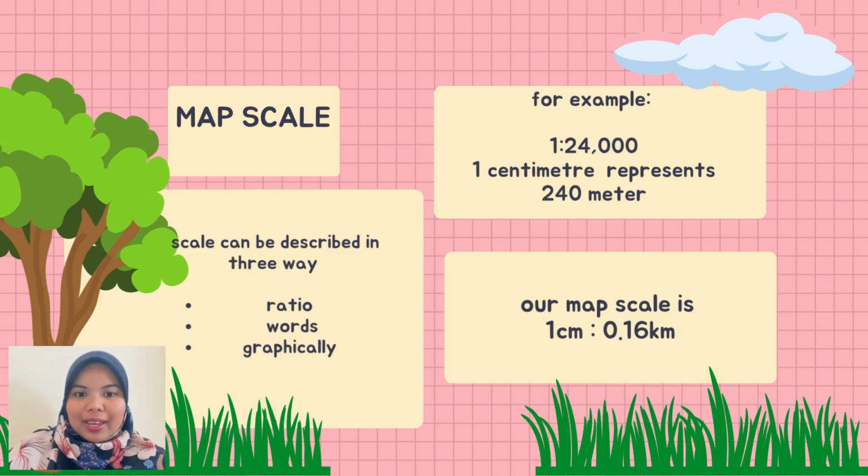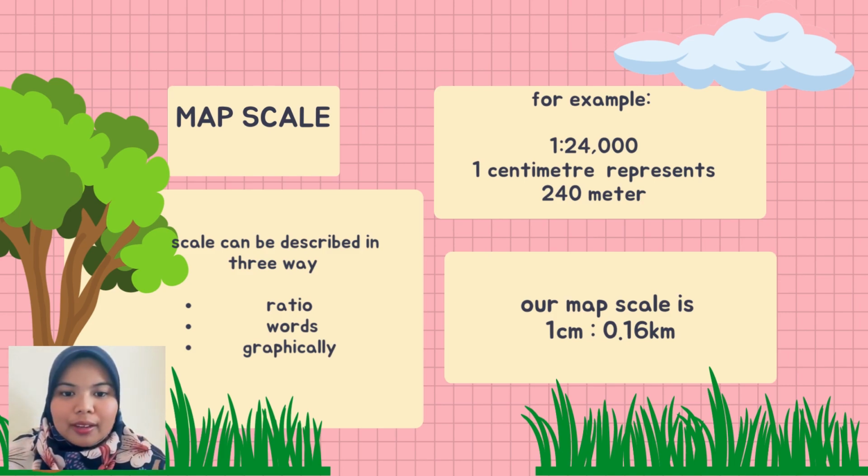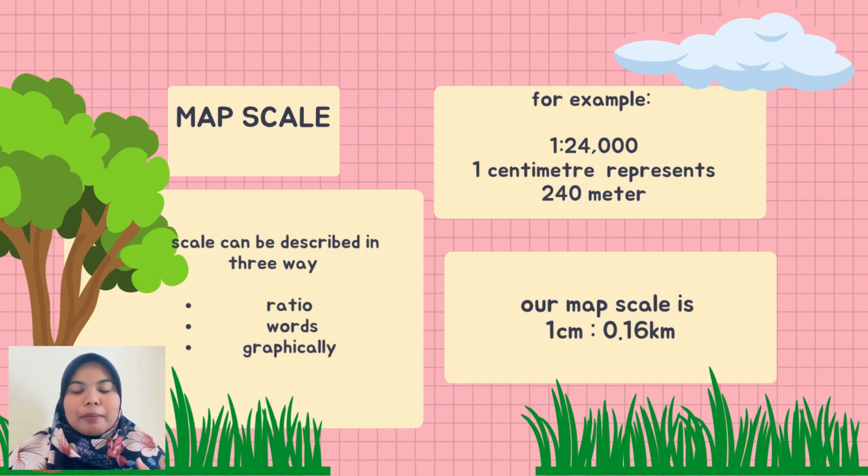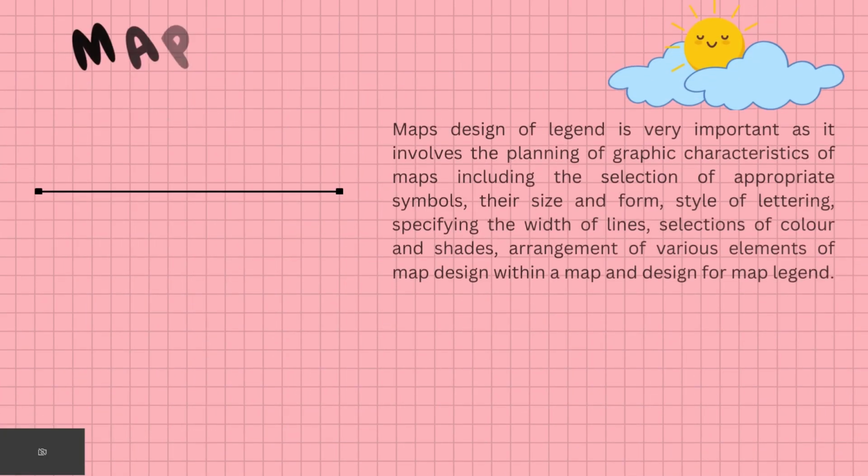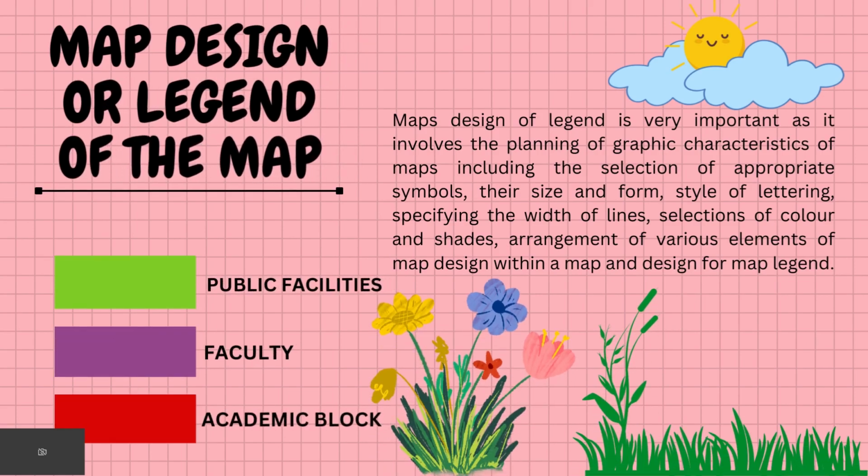Last, the map scale is expressed in the representative fraction or RF. About the map, I and my group use 1 centimeter represents 0.16 kilometer. For the last one, I will explain to you guys about the map design or legend of the map.